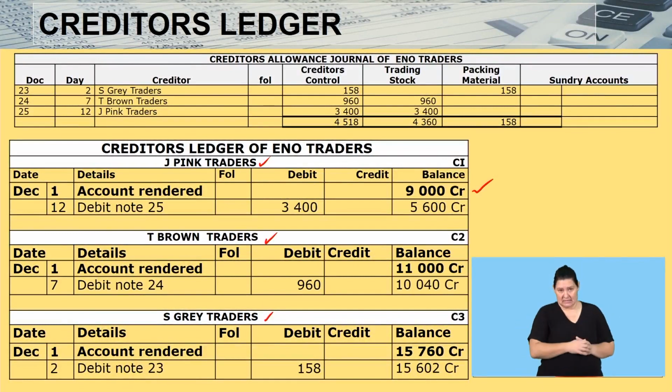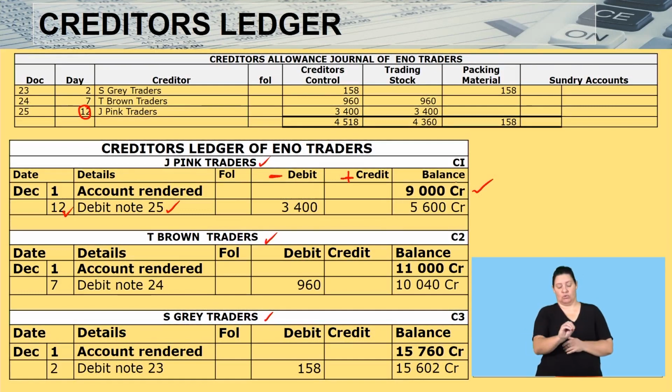And then we come to the 12th, as you see here. On the 12th, we have an allowance of 3,400. So the date is going to be the 12th. Then I'm going to say debit note number 25. Remember, on the credit it is a plus, but on the debit it is a minus.